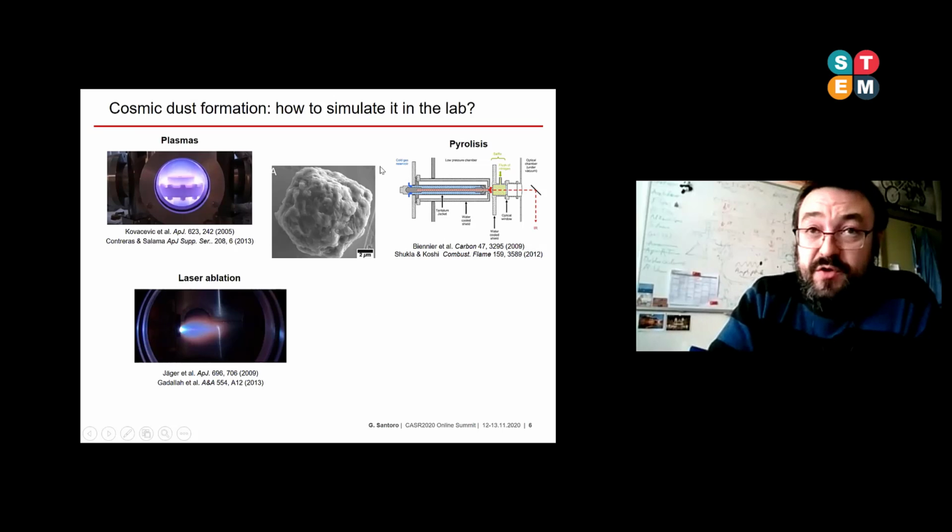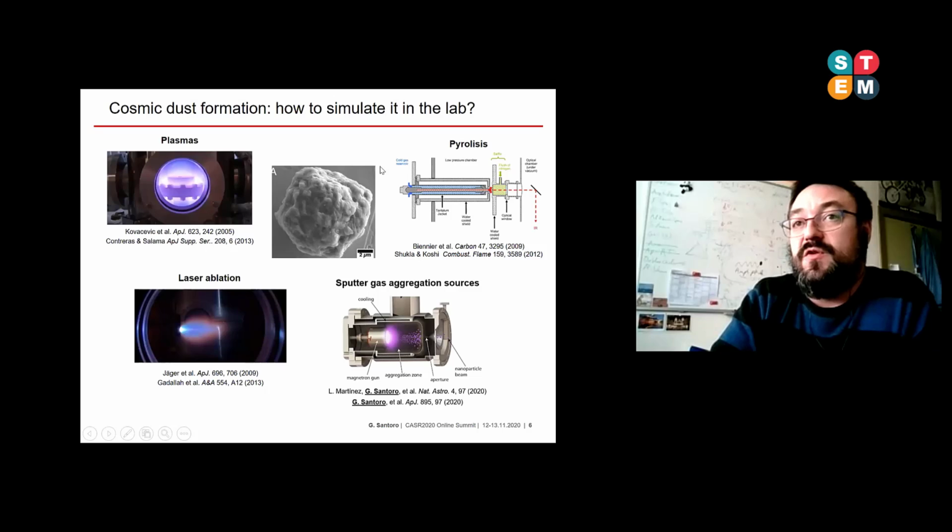The approximation we have used is a completely new one, based on the use of sputter gas aggregation sources. I will briefly describe what this means. It is a new approximation that allows the direct condensation starting from atomic precursors, in a similar way as it occurs in the stars.